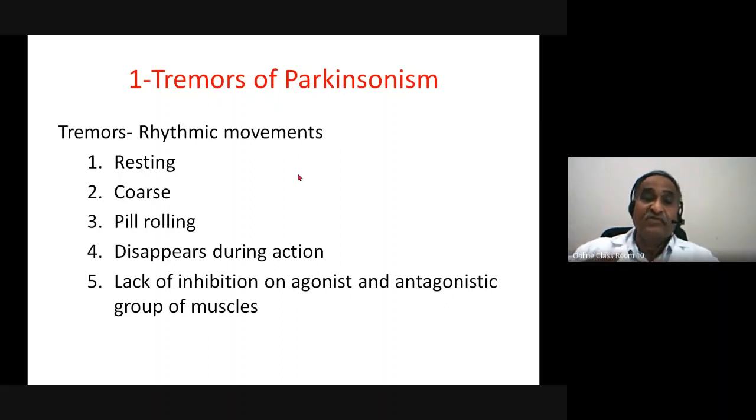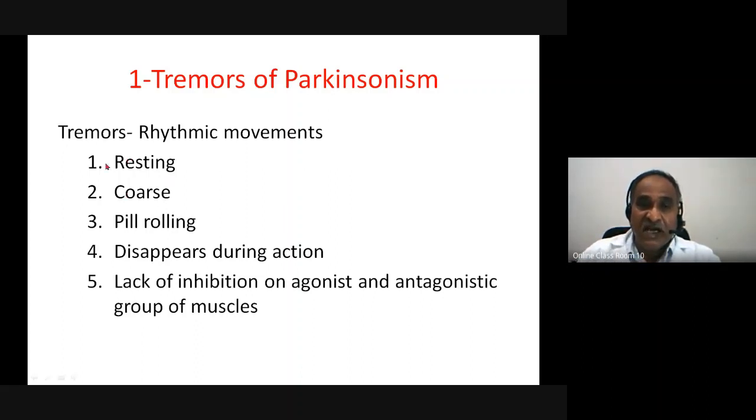Just like when you are going to hold a cup, when you reach near the object, there is an overshoot or undershoot of the muscle movement. These are called action tremors.